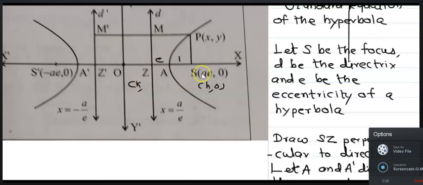After solving, we get the coordinates of S. But before that, we will find the coordinates of h and k by using the section formula. This point A divides SZ in the ratio e:1.